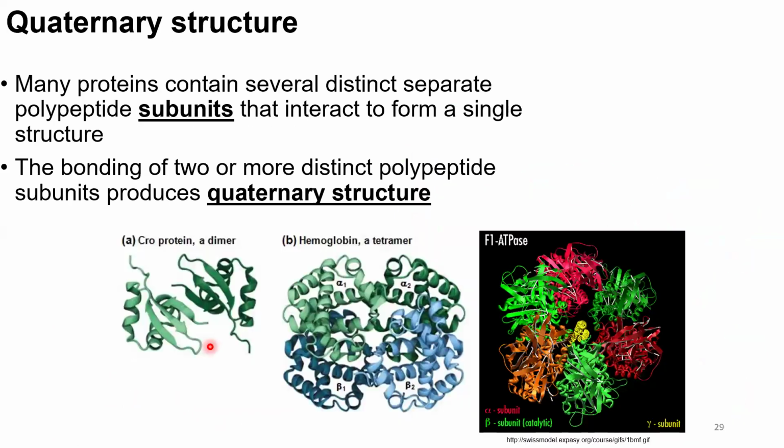Now it takes it even another step further and starts bringing in different polypeptide subunits that combine to form a single structure, and basically brings in the quaternary structure. So like hemoglobin tetramer, we have alpha 1, alpha 2, beta 1, beta 2, and these all come together to make one hemoglobin tetramer.